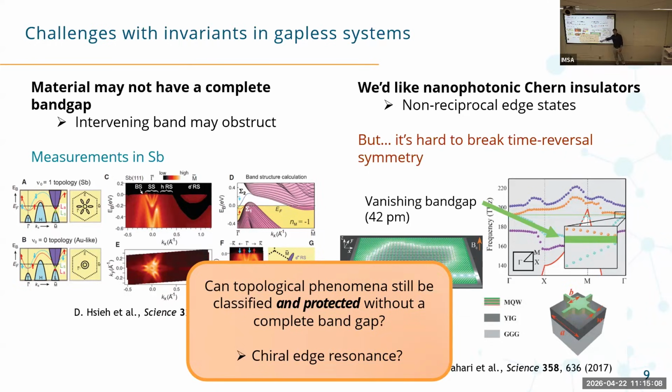This would give us something like a chiral edge resonance. You wouldn't be guaranteed quantized conductivity, but for making a laser, we're talking about 10 to the 10 photons. If I lose 2 of them to the bulk, I don't care. There's gain. It's a non-Hermitian system. So a resonance is good enough for this.